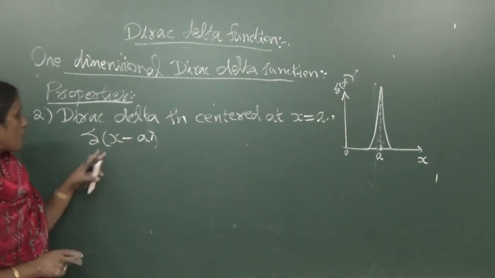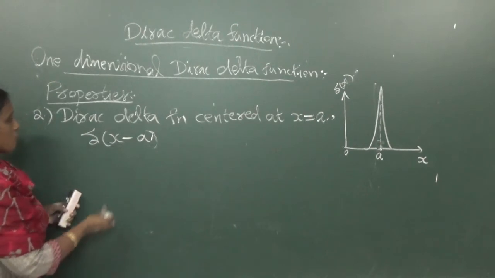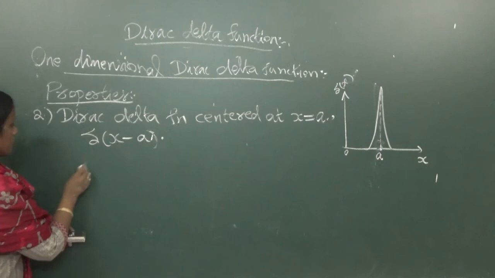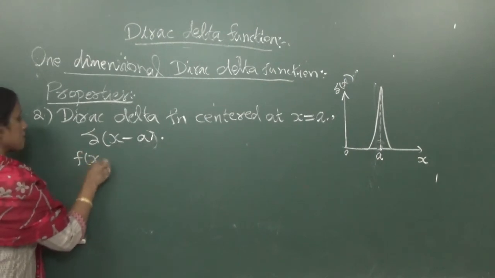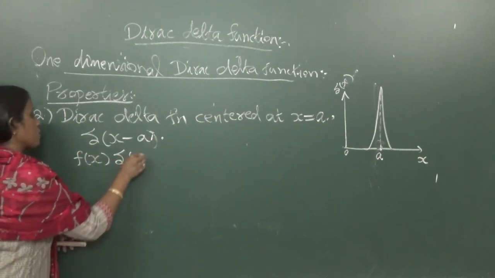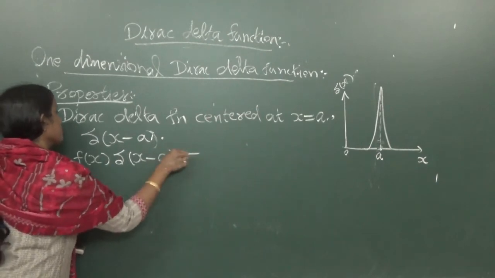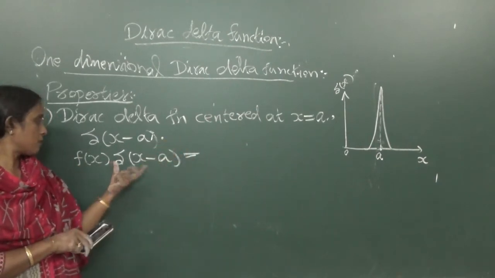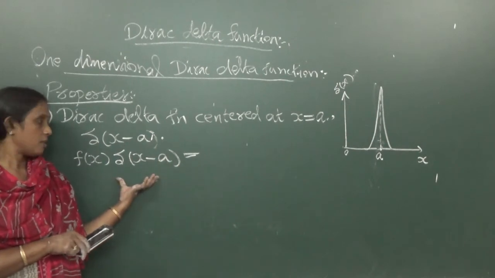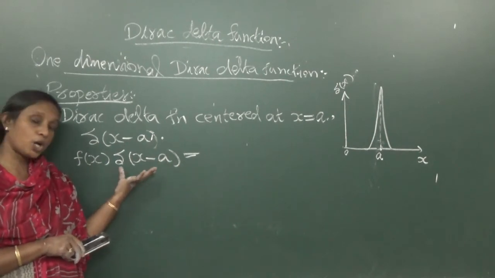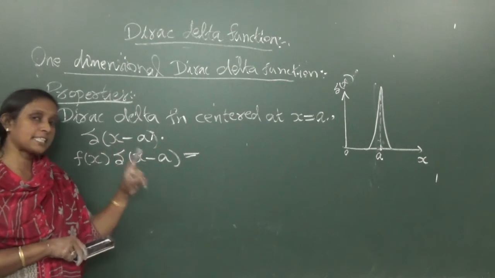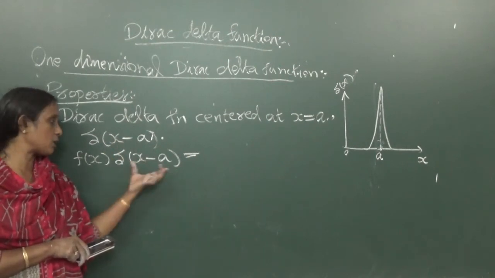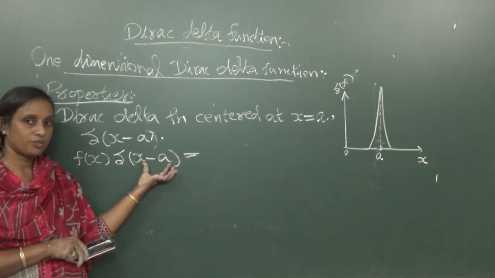Now, if you multiply this function with f of x, f of x delta of x minus A, what do you get? This product is equal to 0 except at x equal to A, because at x equal to A this is delta of 0.